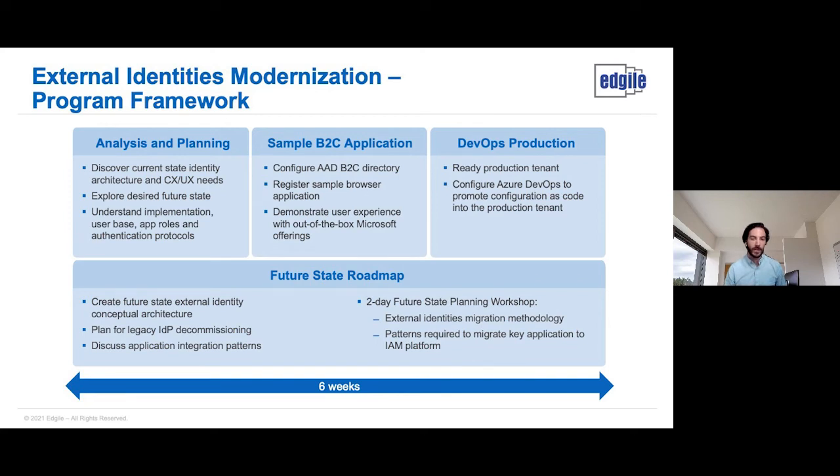Okay, and then we're going to listen to your ambitions. What are your goals? Okay, and how do those align? All right, and then we're going to take that current state analysis, those ambitions, and then our industry experience over the last couple of decades, and we're going to put together a future state roadmap for you so that you do know how to get from point A to point B.